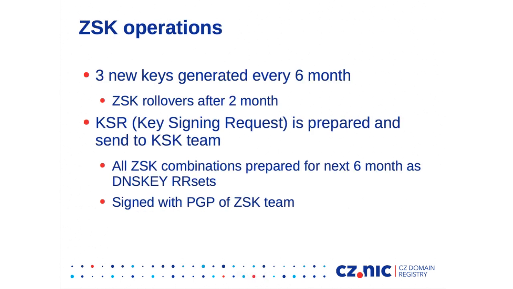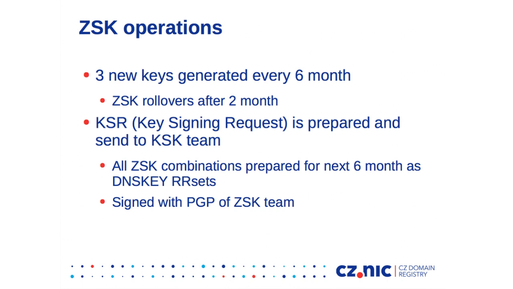So how do our ZSK operations look? We roll the ZSK every second month, and we decided to have the KSK ceremony twice a year. So we pre-generate, every half a year, 3 new keys, and we create a key signing request.